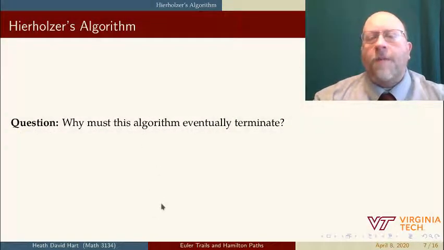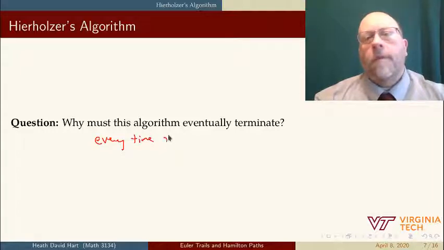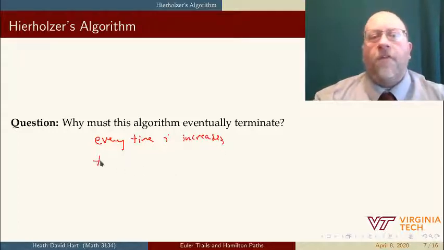Why does this algorithm have to eventually terminate? The reason it has to eventually terminate is that every time i increases, the number of available edges goes down.